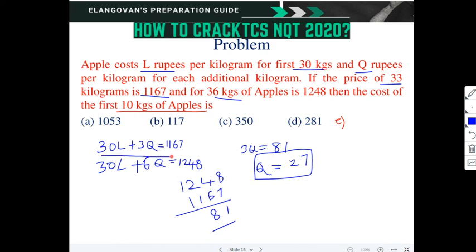So substituting this 3Q here, 30L will be 1167 minus 81. That is 3Q, correct? So which is equal to 1086. So 30L is 1086.